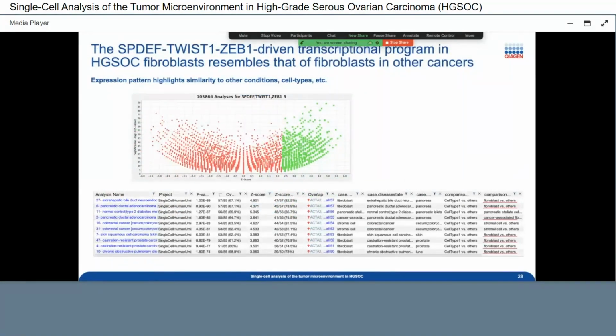I have a particular pattern, up and down genes, upstream regulators that are predicted to be activated, one predicted to be inhibited, and I would like to know in what other situation that particular network is represented. So here I'm lucky enough, I have over 100,000 analyses that contain these three guys, and I'm looking for high Z-score. In other words, I'm looking for comparisons that match and resemble very much what I found in the fibroblast stage 3 versus normal.